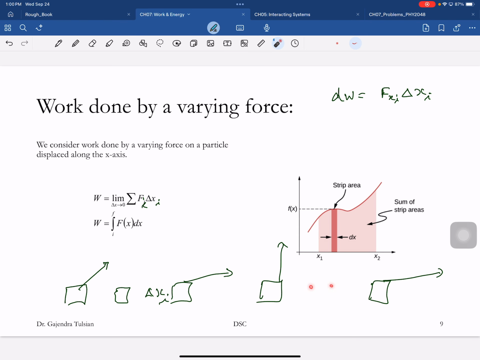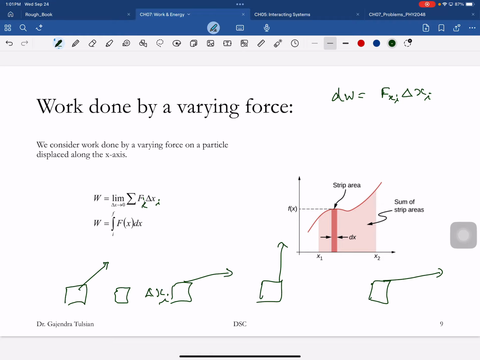No big deal, we just broke it up into little segments where the force was constant and added up all that work done. The work done in each segment was the x component of the force at location x, times dx. That's the work done in this small segment. And then an integral is just adding up all those little pieces.